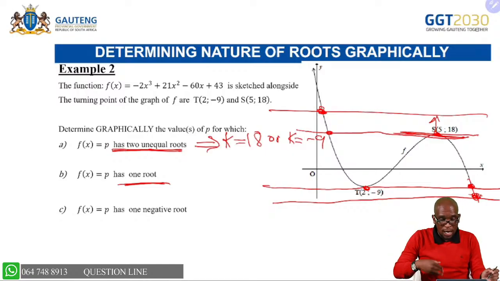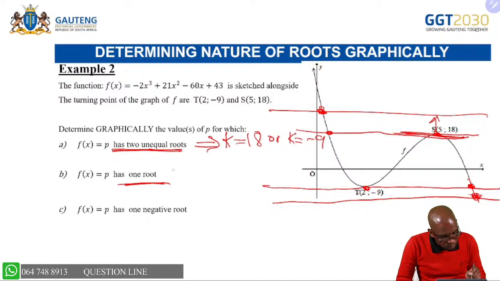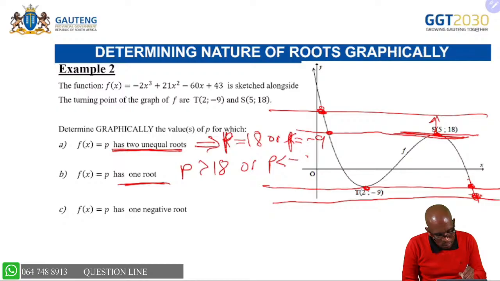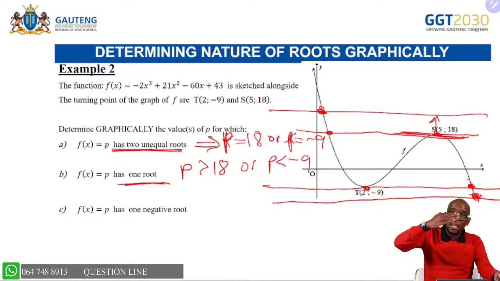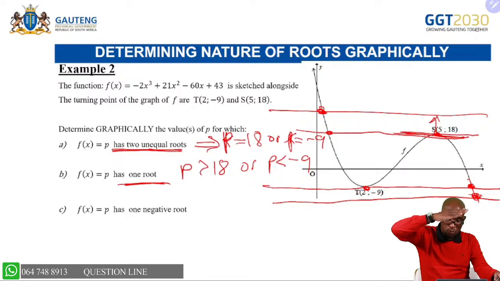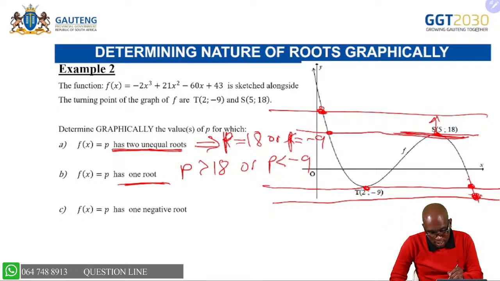So we are looking at it now where it's P in this case, not K. So here it's P greater than 18 or P less than -9. That is where it's above the turning point, or where it's below the turning point. It touches the graph once.